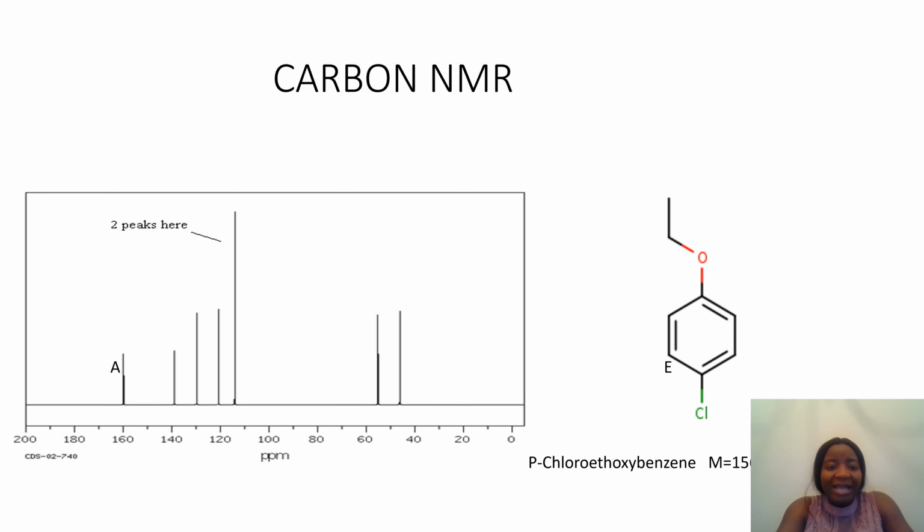Because of that, I decided to assign carbon A to this carbon, the one that carries O, because I think the O pushed it all the way downfield here. And the following carbon that is also downfield, but not as downfield as A, was carbon B. And I decided that B was the carbon that was carrying Cl.